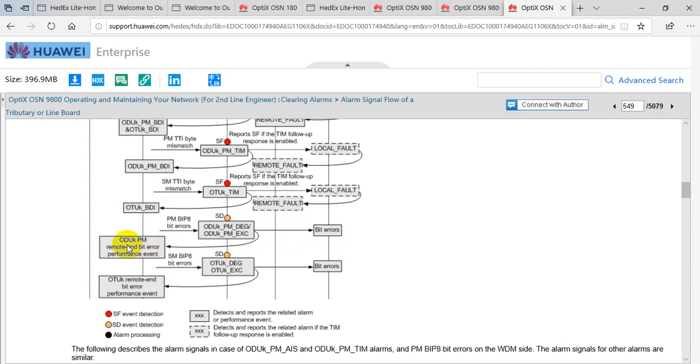So we need to go and see the performance if no alarm is coming, and if there is a remote bit error performance event, then we need to look at the threshold set for checking the degradation or excessive errors.